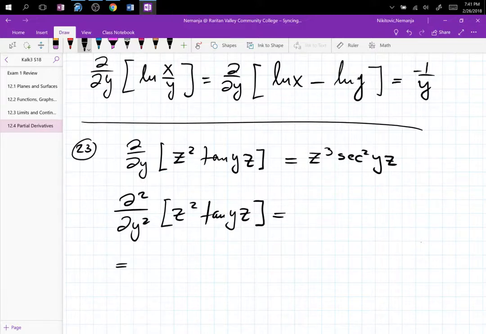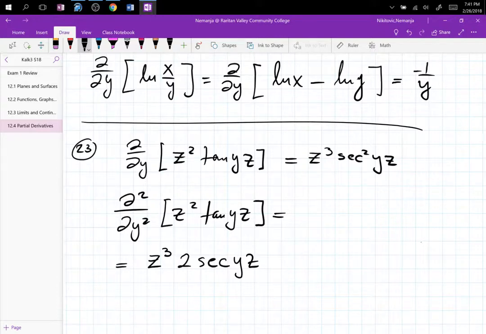Since in respect to y, we can copy z cubed as the constant, and then we have secant squared. So the derivative of that is 2 secant yz to the first power.